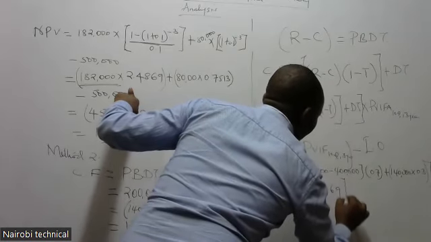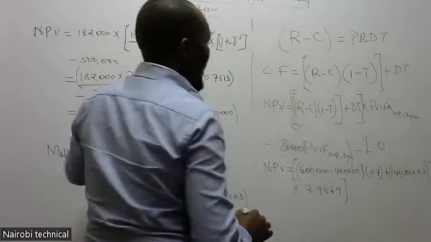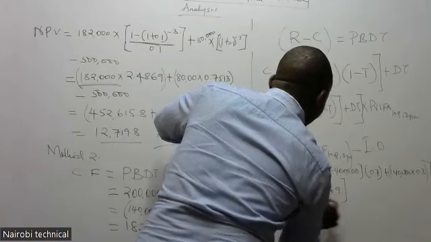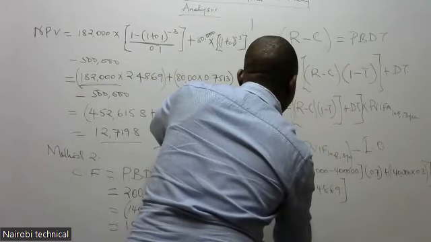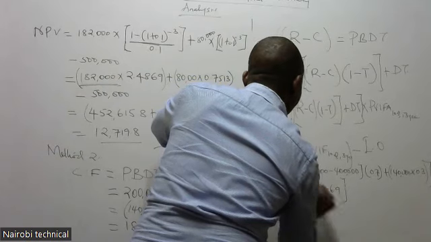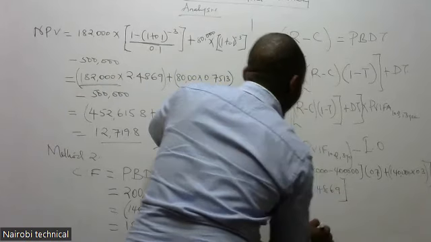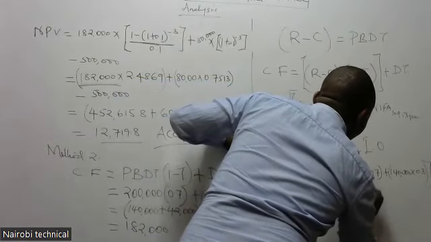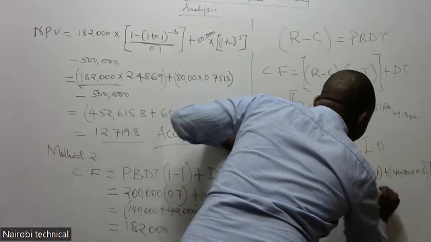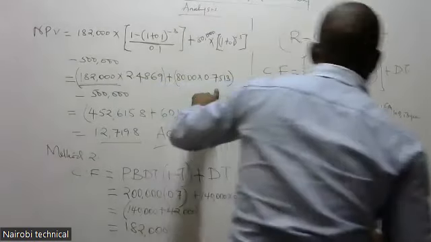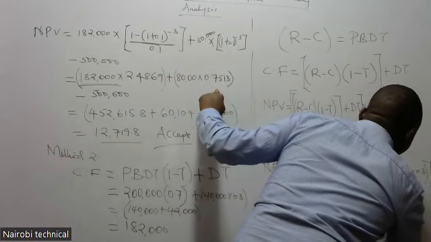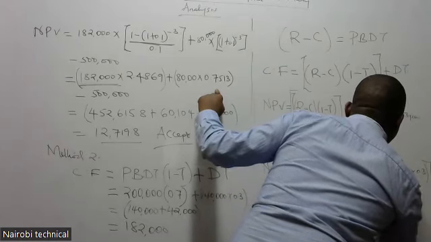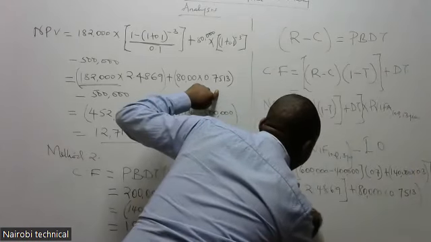Right? So that one is done. Then not minus but plus the scrap value, which is 80,000 times the interest factor of 80, that one, minus 500.